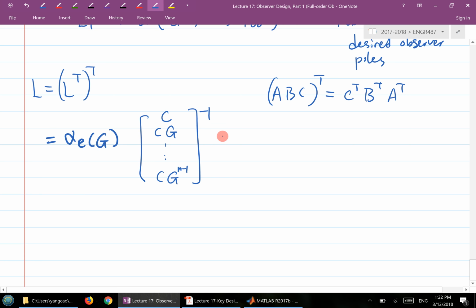And then the A matrix becomes a column vector here. So this is your L, the actual formulation for L. If you are required to hand calculate it, then you can use this formula to hand calculate the L here. Okay, so let me show you an example here.